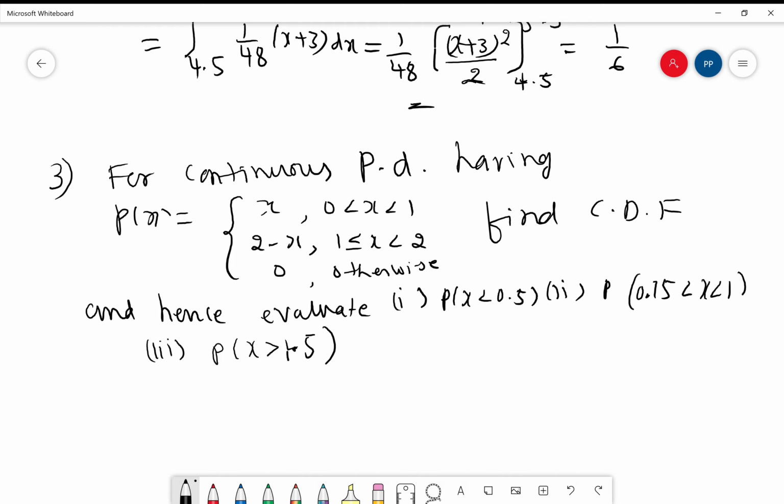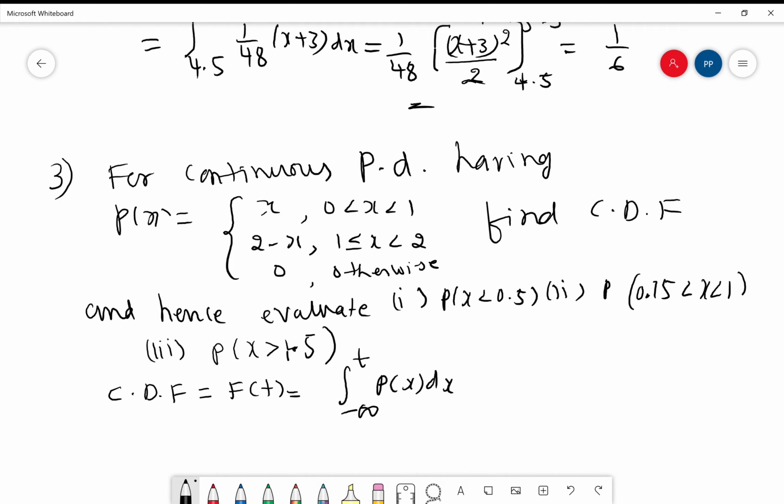Okay. Now you're asked to find out the CDF. By definition, CDF equals f of t, which is given by the integral from minus infinity to t of that function PDF, which is p of x dx.